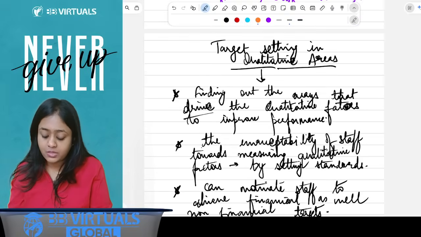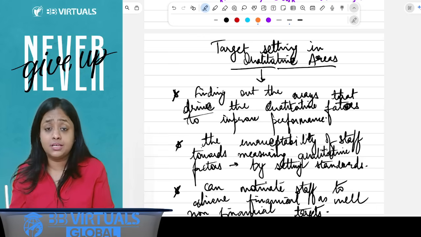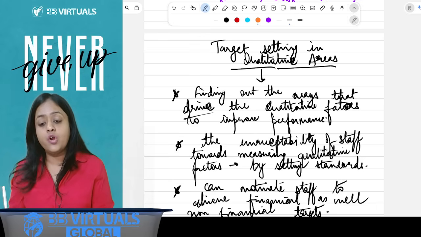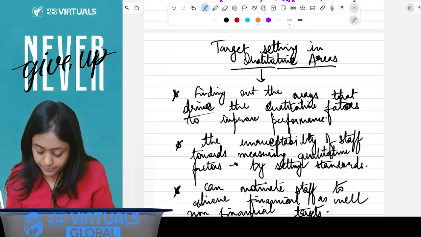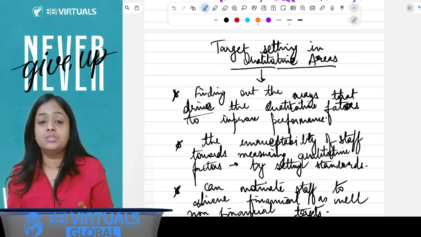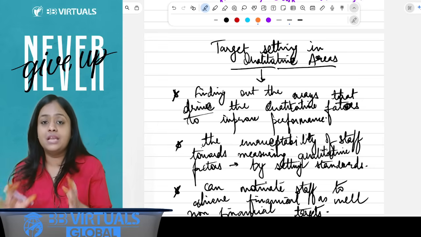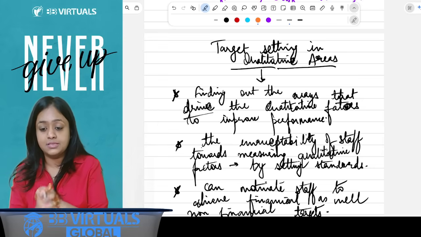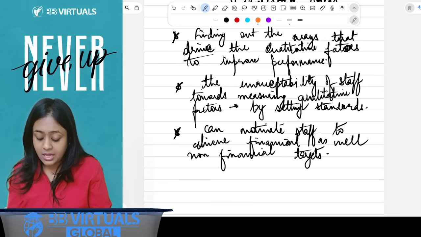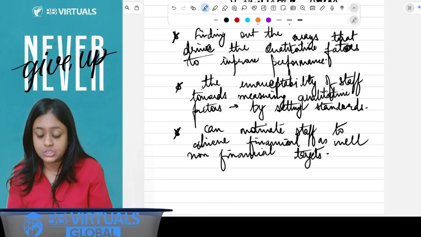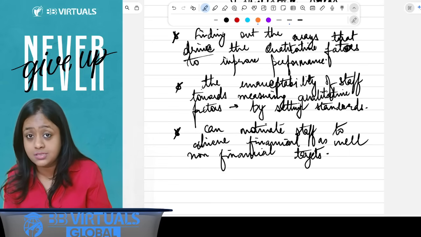How can we do target setting in these qualitative areas? Because non-financial areas are very difficult to have targets for. So how can we set targets? Please look here. First, we should find out the areas that drive these qualitative factors so that we can have improvement in the performance. Second, the acceptability of staff towards measuring these qualitative factors should also be seen.